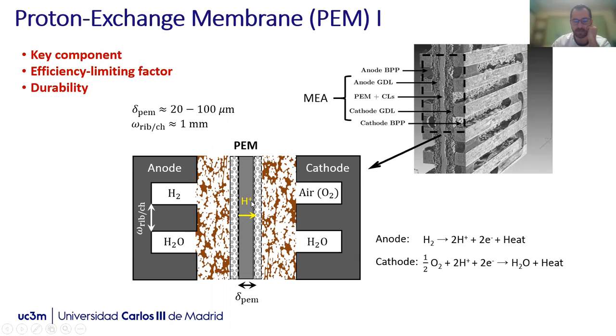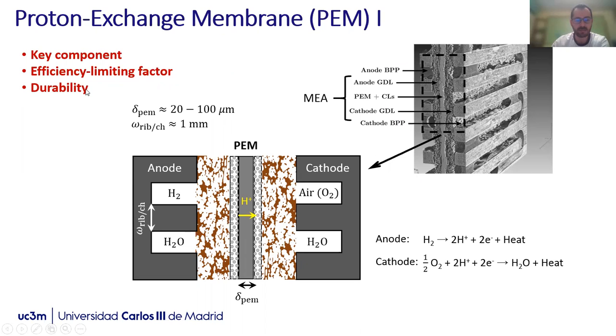At the same time, the membrane has to avoid the transport of hydrogen from the anode to the cathode, or oxygen from the cathode to the anode. So we have to avoid the crossover of species. That's also a key point in the design of the membrane: high conductivity, but avoiding the crossover of gas species.